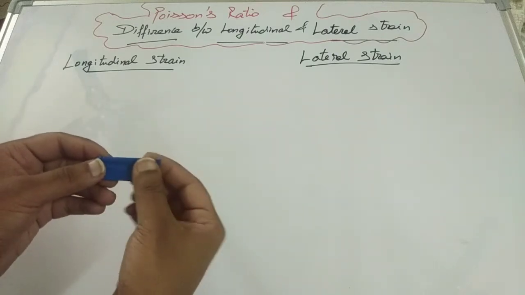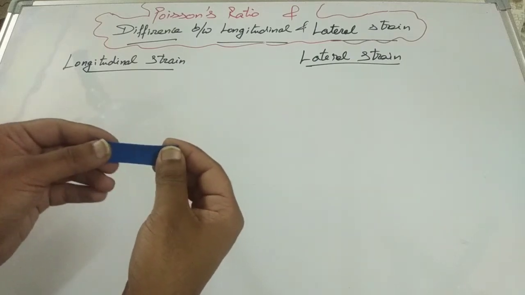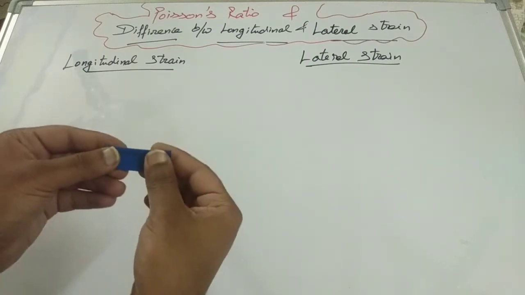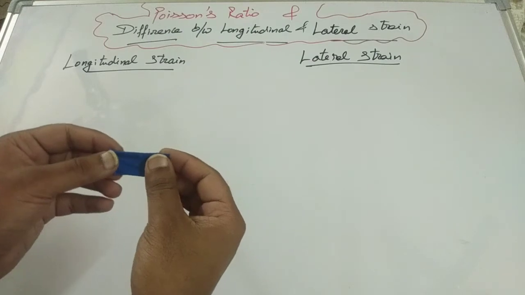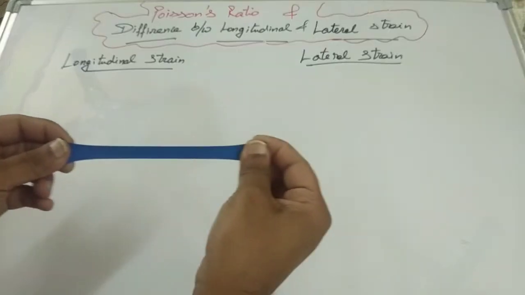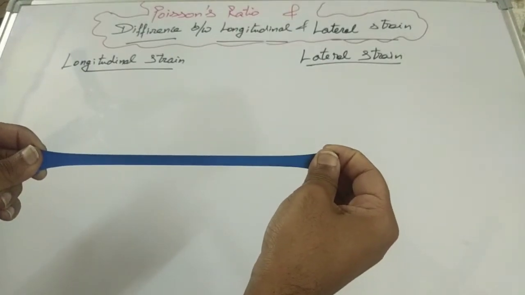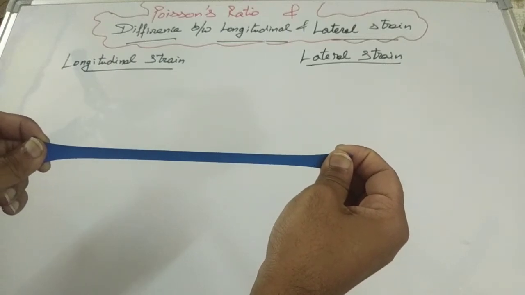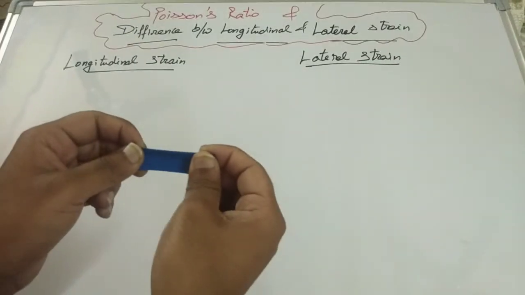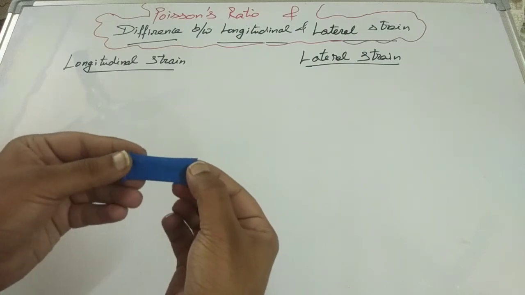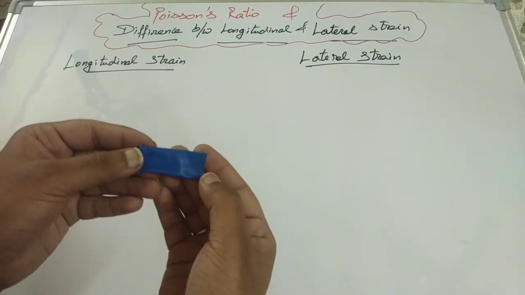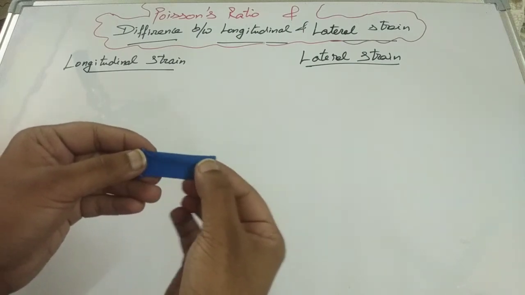Clear guys? So there is a piece of balloon and I am going to apply one tensile load. Tensile load means pull from both sides or pull from a single side. So this is the piece of balloon. Now it is under tensile load. See what type of deformations are coming in this body. This is the actual dimension of the body when it will be under load.